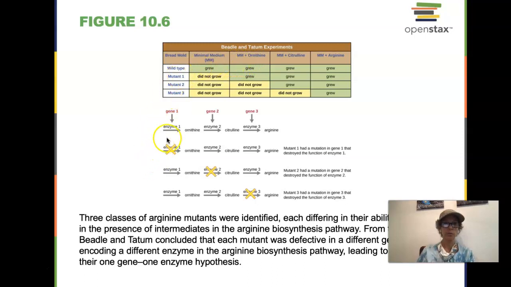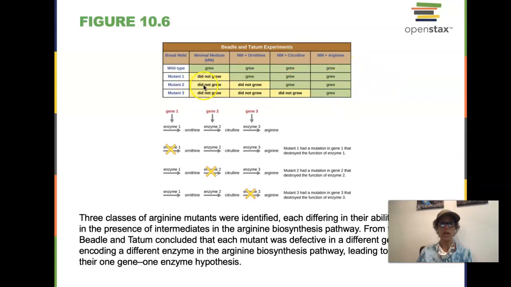A particular mutant 1 in minimal media can't grow. But if you supplement it with the amino acids, then it is able to grow. So mutation 1 had a mutation in the first gene, but if you supplement it, then it is able to grow when it has been provided with the other amino acids.